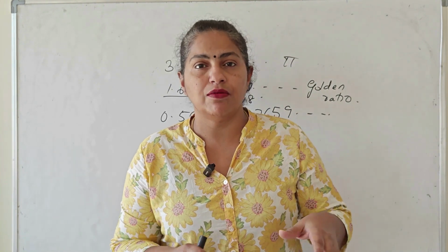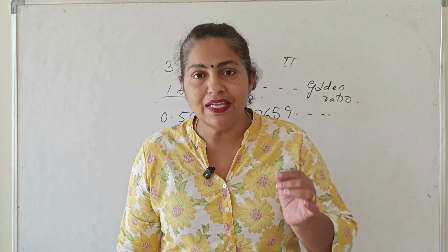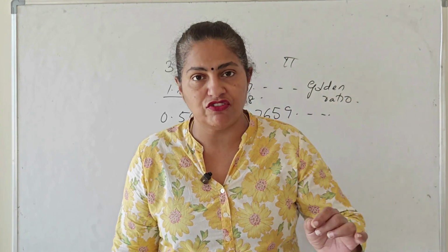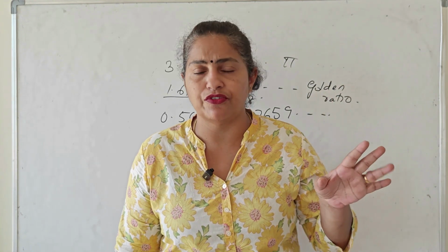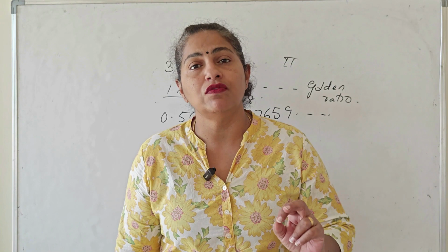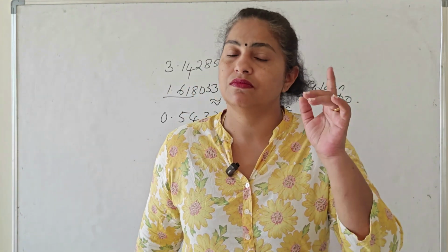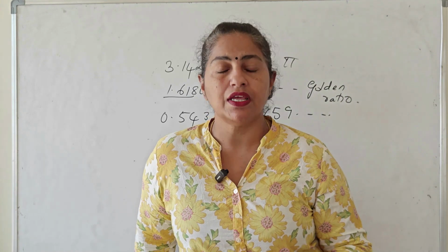If there are rational numbers, there are a few numbers which are called irrational numbers. We learned how to identify those irrational numbers and how to identify a rational number. We saw a few examples too. Now, in order to represent a rational number in the lowest form, we need to cancel out the common factors from the numerator and the denominator.